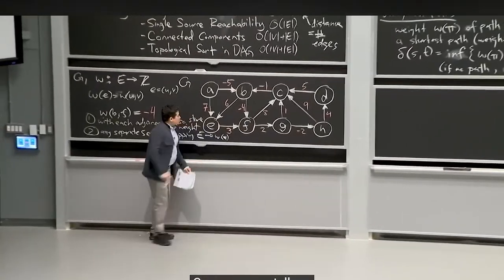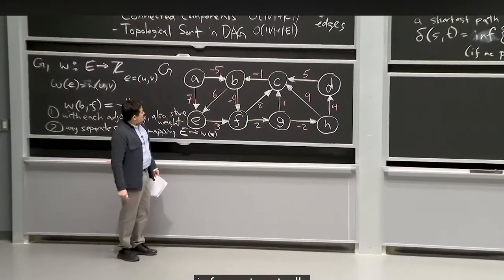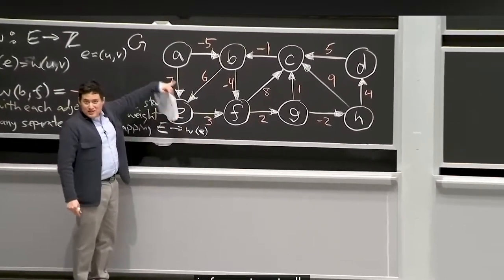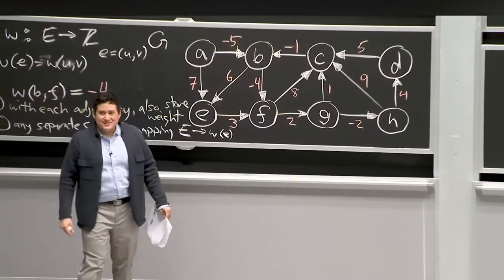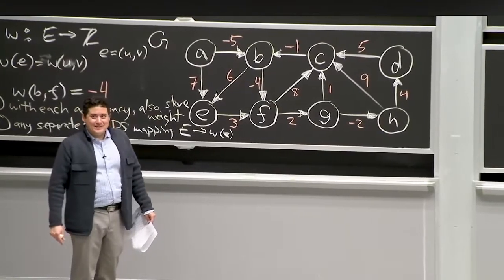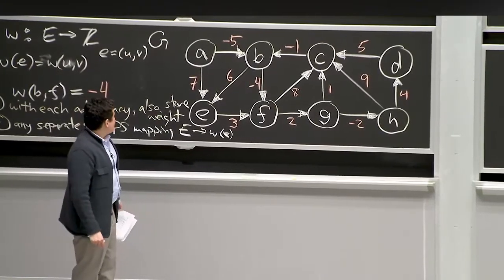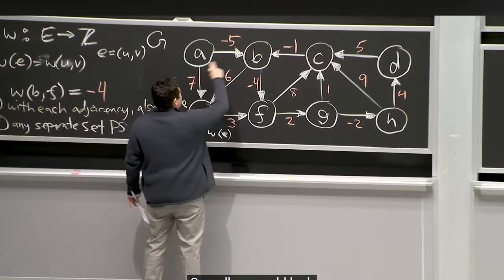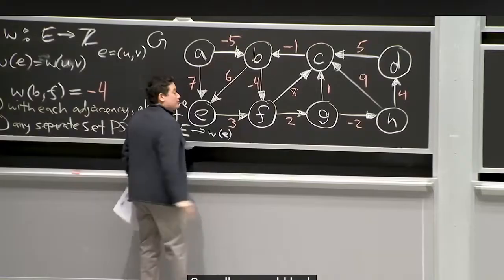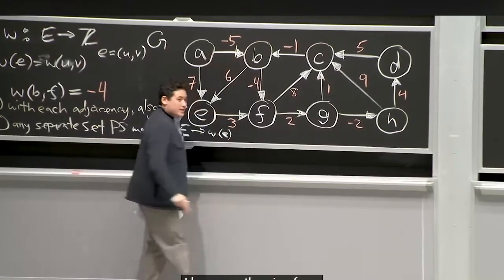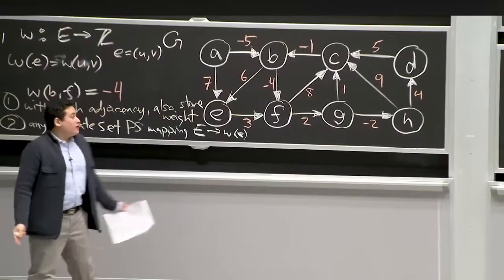Can someone tell me what the shortest path is from A to actually any vertex in this graph? Well, we could look at this path I have to B. Let's just take a look at B, right? I have a path going from A to B that is -5. Okay, that's pretty good. That's pretty small, right?